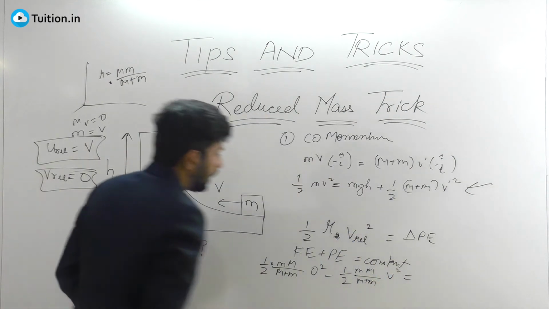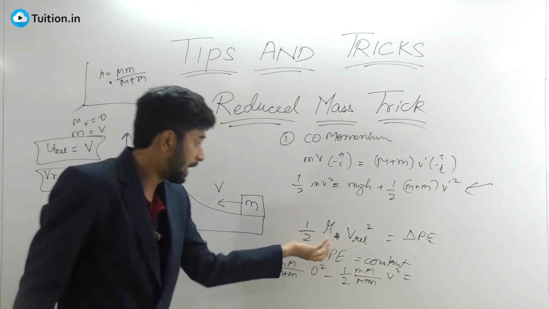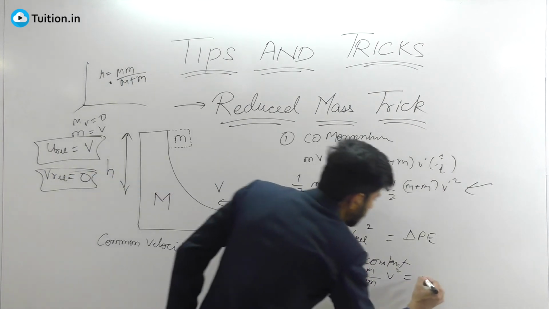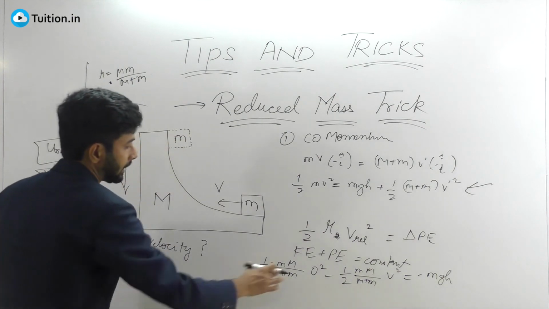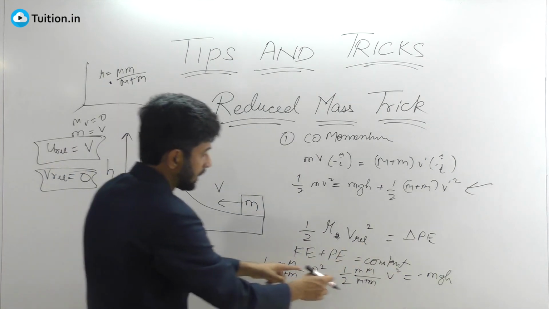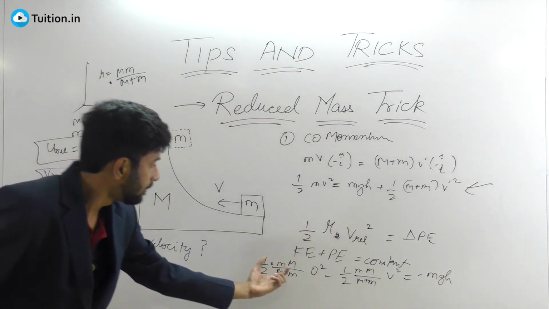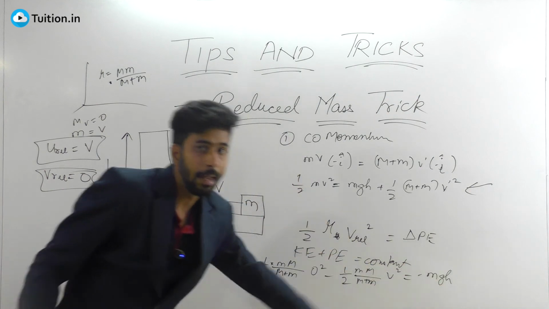That will be equal to the work done by gravity, which is minus mgh. In fact if you rearrange, you'll get the same thing. Initial potential energy was 0, final kinetic energy in this frame is zero, and final potential energy in this frame is mgh.